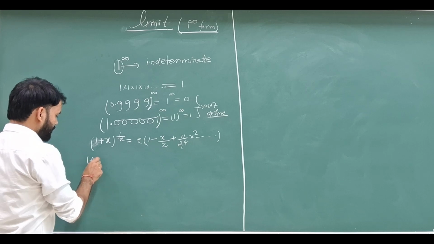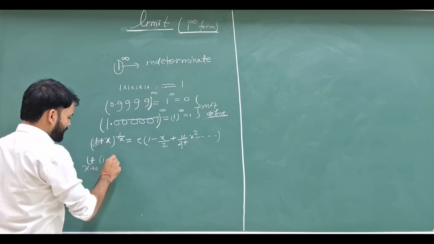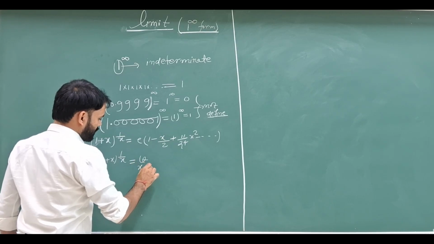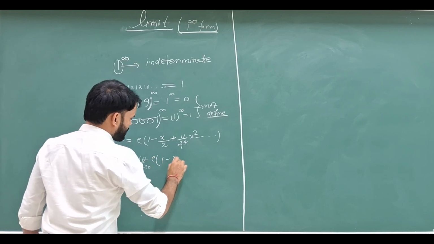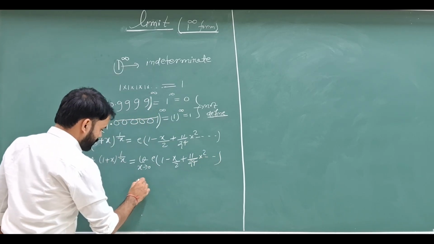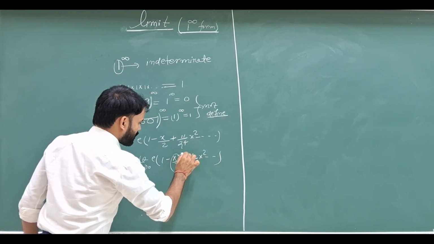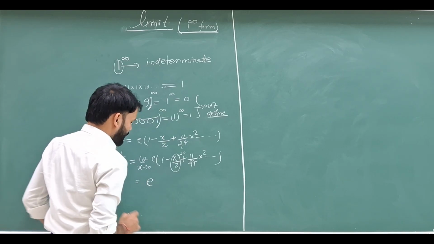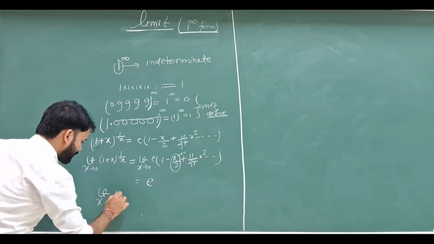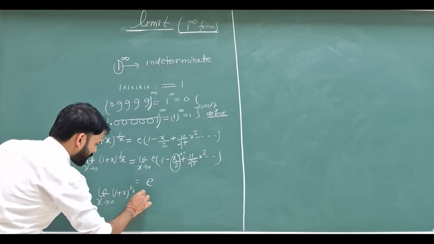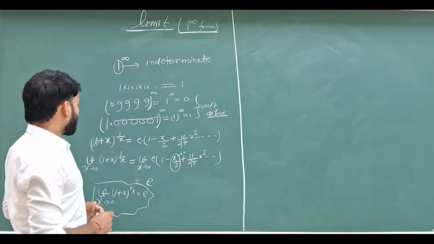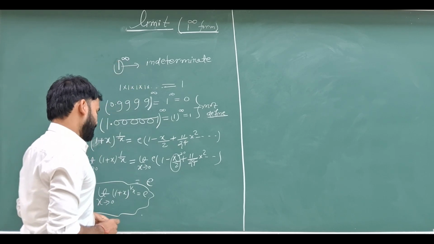If I take limit x tends to 0, 1 plus x whole to the power 1 by x, so this limit is 1 minus x by 2 plus 11 by 24 x square up to infinity. So you can see this term goes to 0, also this term goes to 0, and finally we get e. Using this concept, limit, find the formula 1 to the power infinity.